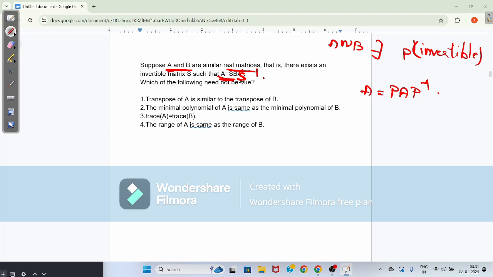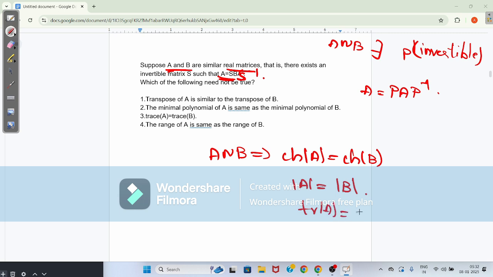This is the value of S. Now if A is similar to B, what will we get here? Characteristic of A is equals to characteristic of B. Determinant of A is equals to determinant of B. Trace of A is equals to trace of B. Minimal polynomial of A is equals to minimal polynomial of B.